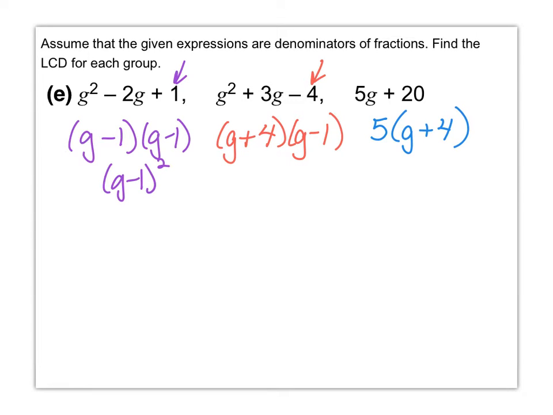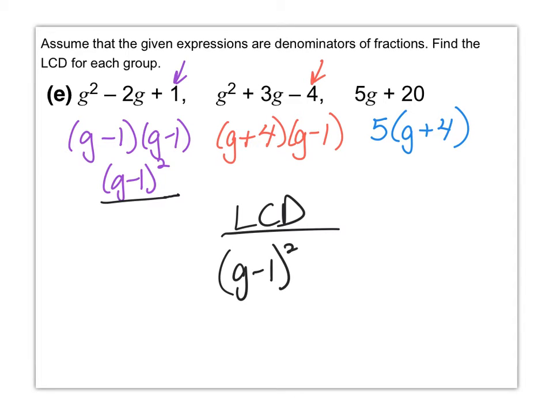So we want to make sure our least common denominator is going to have all of these factors represented. Our g minus 1 squared will be part of the least common denominator. The second g plus 4 factor will also be part of the least common denominator. The g minus 1 is already represented in this first factor of g minus 1 squared.